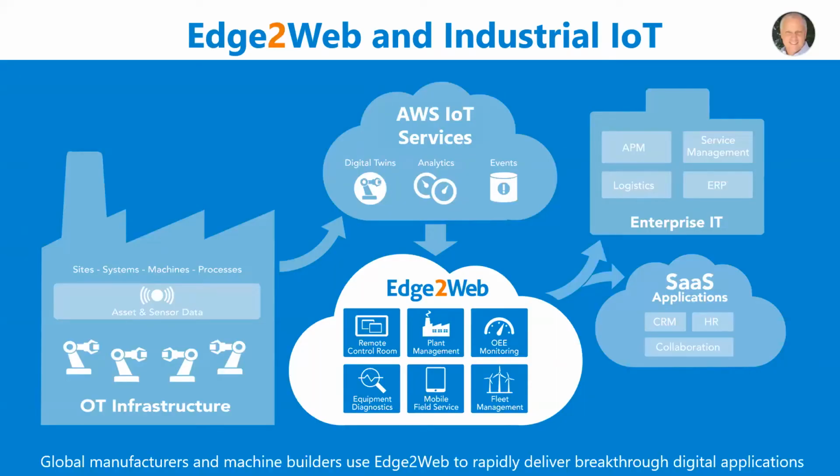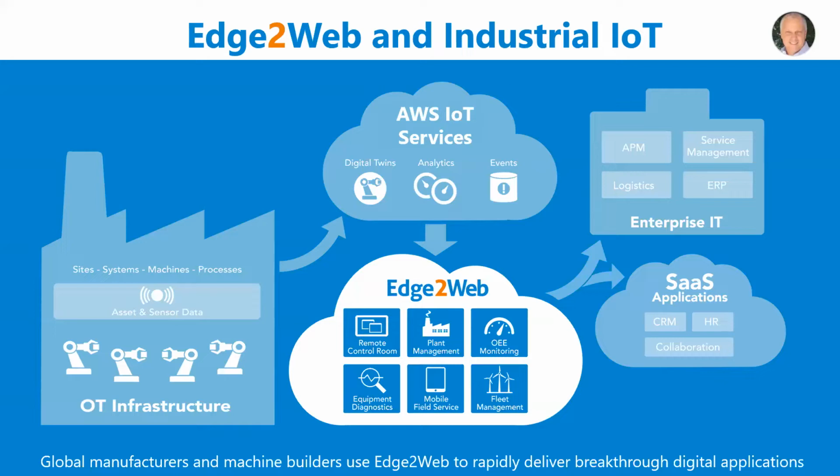Thus, in addition to powerful services like AWS IoT, digital leaders require high productivity tools to rapidly build and deploy a wide range of custom applications that can improve their businesses in fundamental ways. Edge2Web products run natively on AWS and integrate with AWS IoT and the broader AWS platform of services.